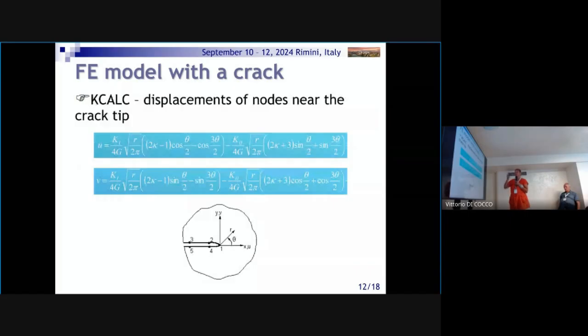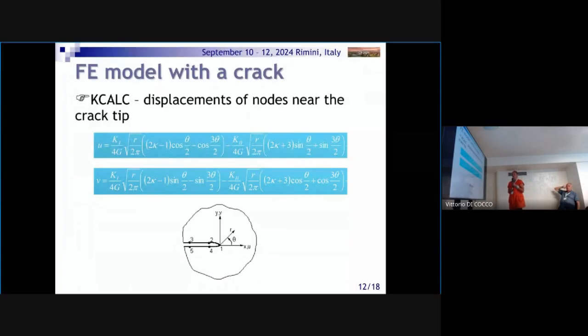Here is only a note on how we calculated the stress intensity factors. We use the command KCALC implemented in ANSYS. This command uses the basic formula for displacements of nodes at the crack tip.